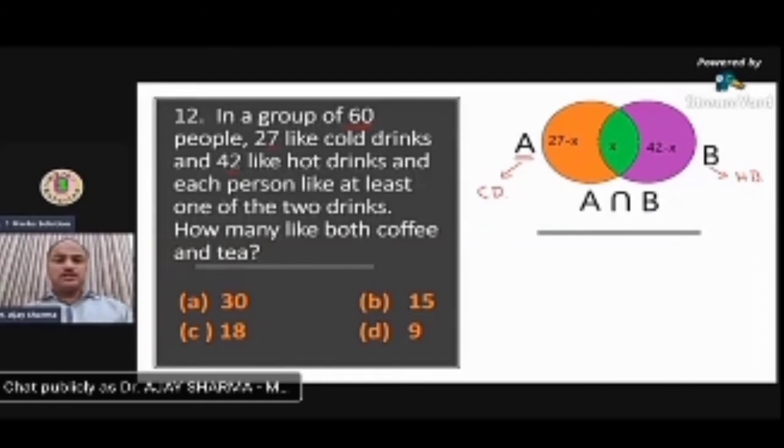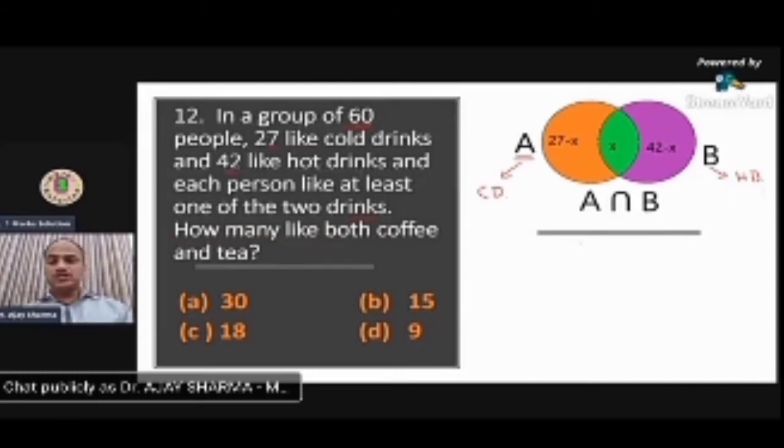Now when we have these two sets, in this entire set A, how many elements will be there? In this entire set, 27 elements will be there. So 27 students will be in this, and 42 elements will be in set B. Okay guys, now each person likes at least one of the two drinks. It means A union B is 60.